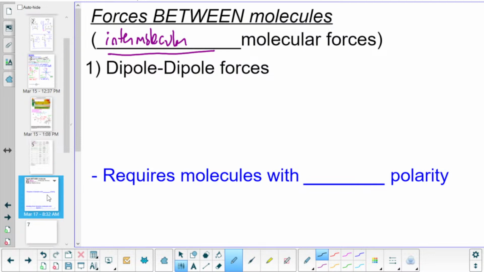I left a lot of room here. Dipole forces. First of all, break apart the word. Dipole means 2 poles, like a north end and a south end, in this case a positive and negative.